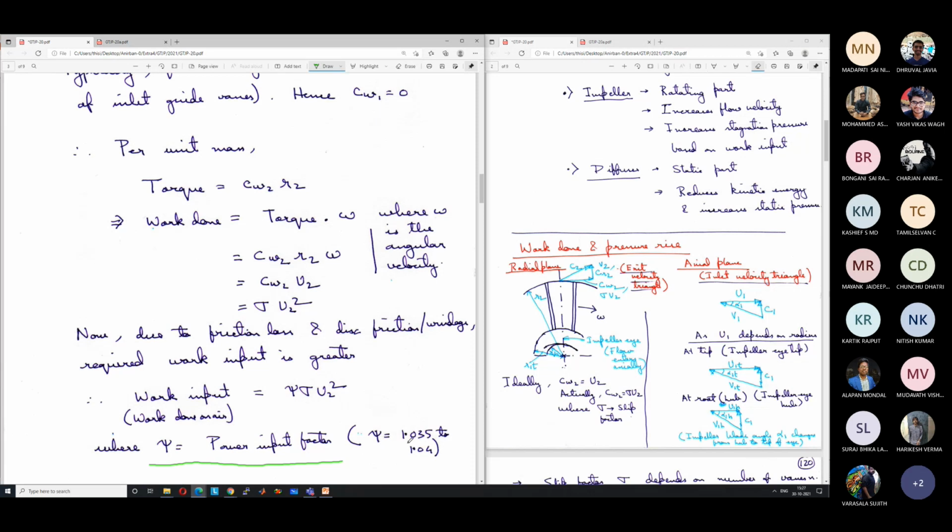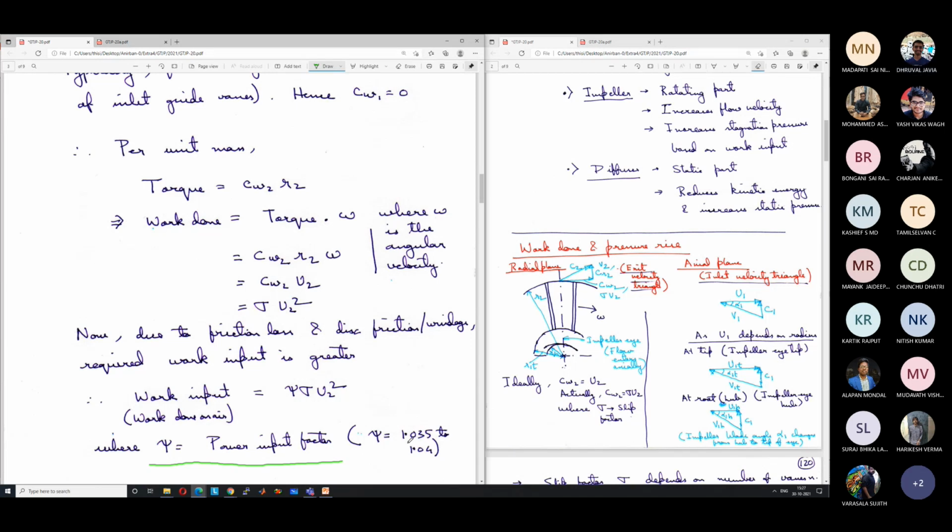It will depend on friction. If the friction losses increase, what will happen to this factor? It will increase, right?